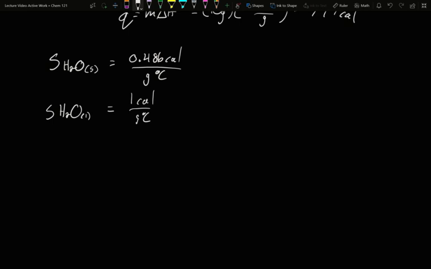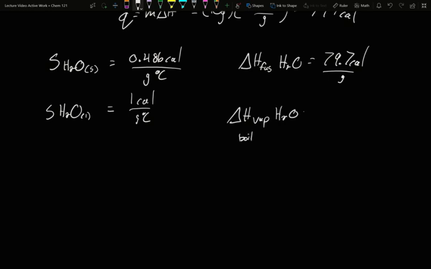So that one's perfectly accurate. We're not generally heating up gaseous water, so we'll stick with these. The delta H of fusion for water, to go through melting or to freeze, is 79.7 calories per gram. And the delta H of vaporization, to boil or to condense for water, is 540 calories per gram.